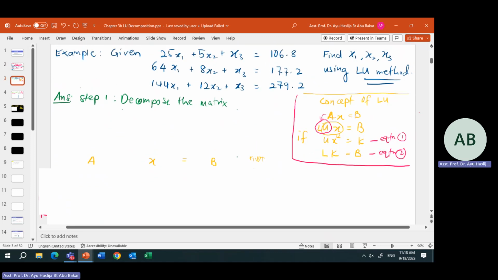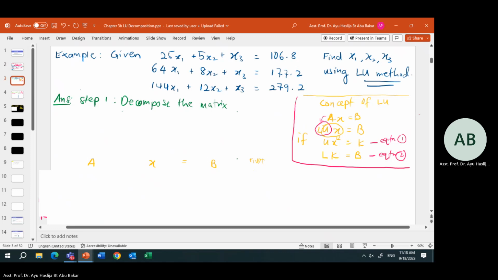Let's say this is the question. Example: given the 3 equations, it asks you to find x1, x2, x3 using the LU method.